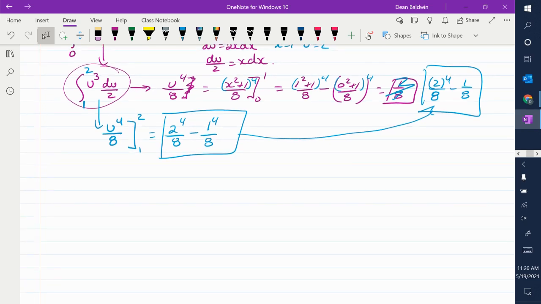Okay, so let's do, I don't know. Let's just do one from the book here. Number 2. The integral from 0 to 1. And you'll notice they usually pick nice, easy numbers.